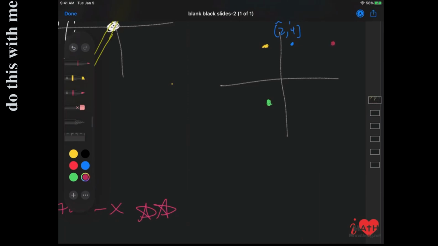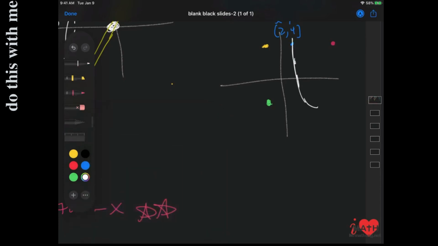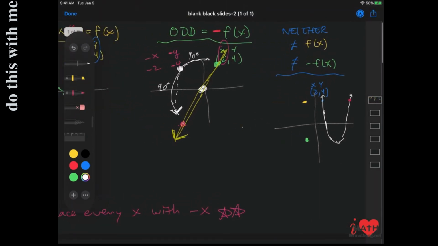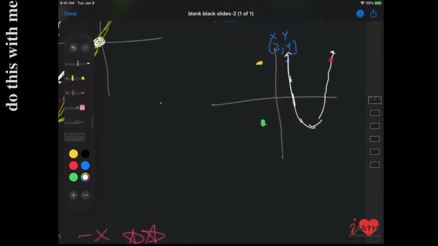Okay, and let's just say I draw a graph here. Let's say my new answer is 4, 4.